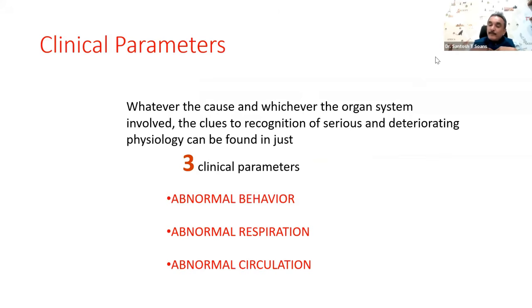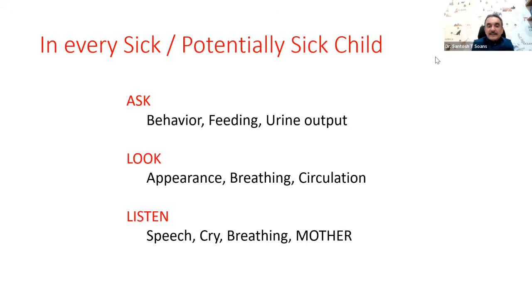When they have a problem with respiratory failure, what are the clinical signs or symptoms? What you see is abnormal respiration. The same with the cardiac problem: abnormal circulation is the clinical sign. So when a sick child comes to you, you need to look at these three things: abnormal behavior, abnormal respiration and abnormal circulation.